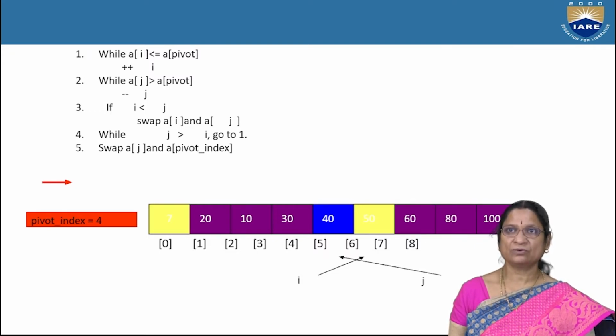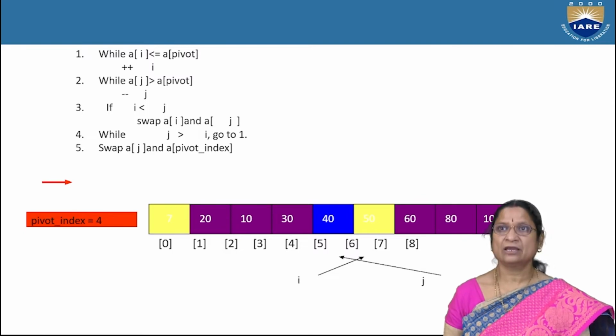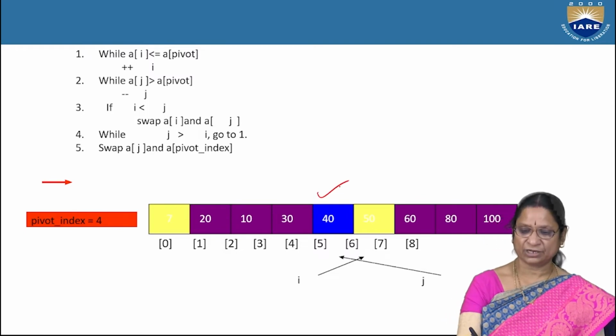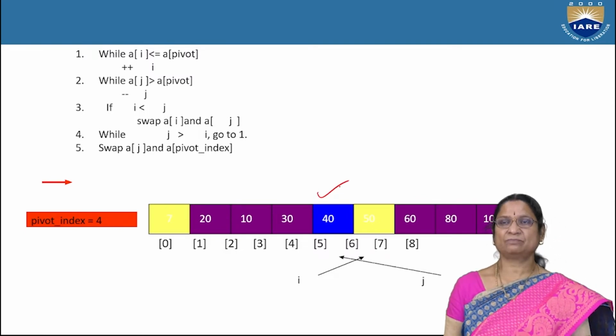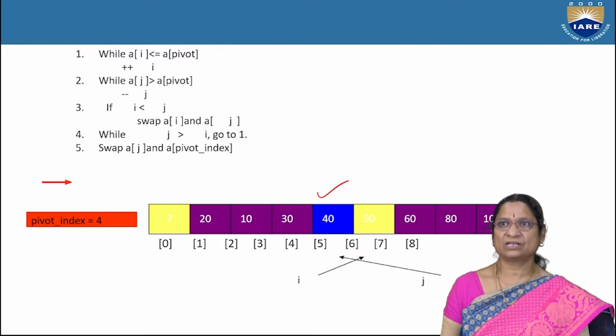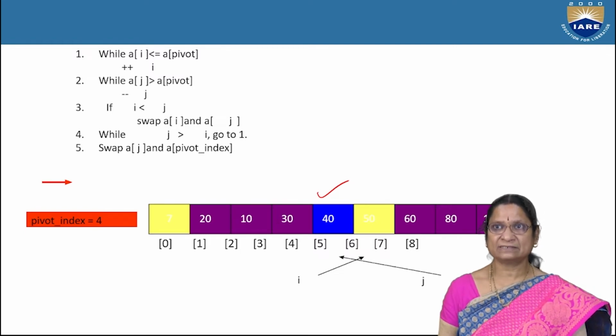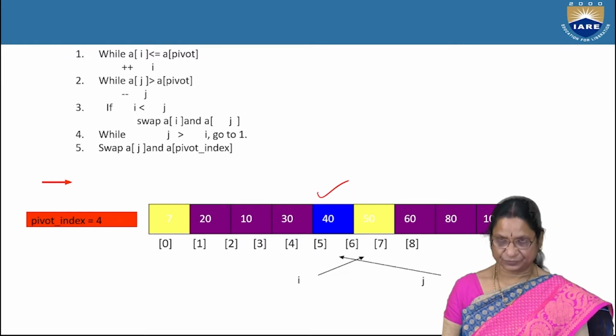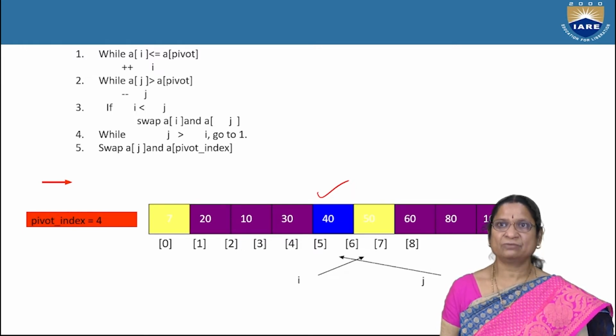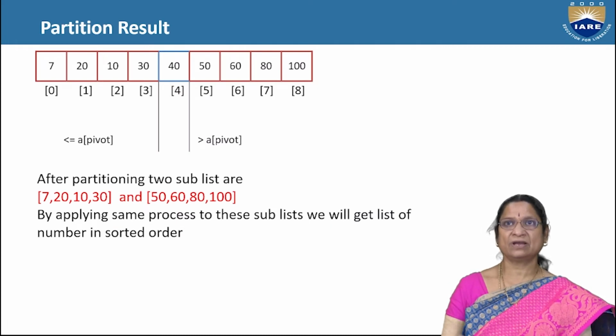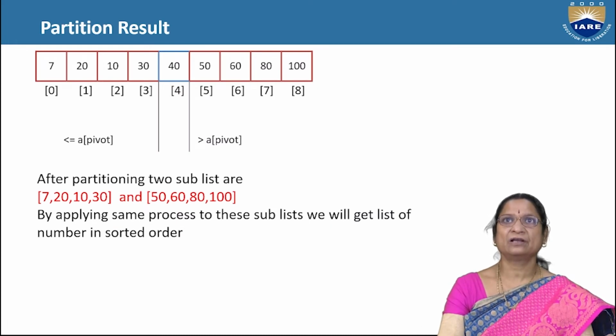The pivot position is now 40, all elements before the pivot element are less than 40, and all elements after it are greater than 40. So the jth value, 4, is going to be returned.